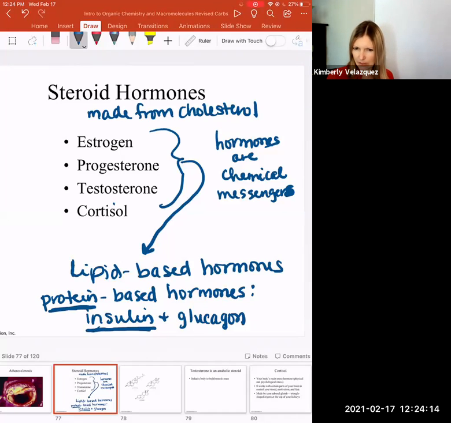Insulin is produced by the pancreas and it stimulates your cells outside the pancreas to take glucose into your cells. It also causes glucose to be linked together to form glycogen. So it's released into the bloodstream and it travels to somewhere else to have an effect. So these chemical messengers are usually released into the bloodstream.